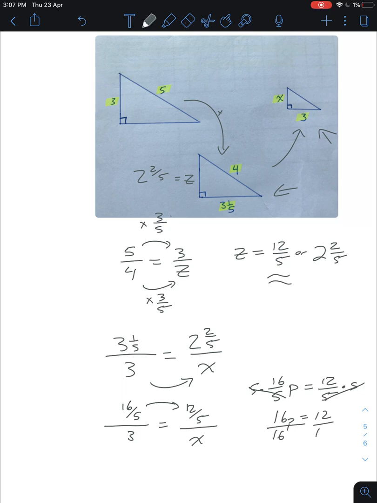Divide both sides by 16. So p is equal to 12 over 16, which is 3/4. So that's what I have to multiply by. That's my scale factor. So then on the bottom, I've got to multiply that by 3/4. So my x value is going to be 3 times 3/4, which is going to give me 9 over 4 for my final answer.